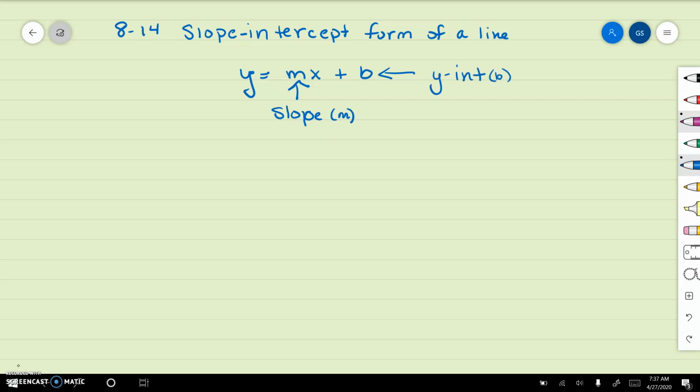Okay, so what's going to happen here is we are going to need to know what slope means and what y-intercept means. So slope is how steep the line is.